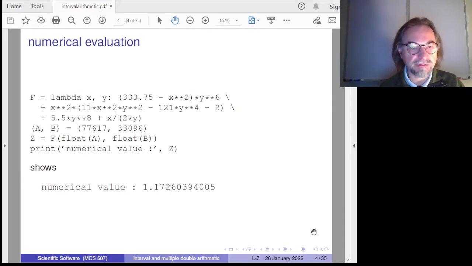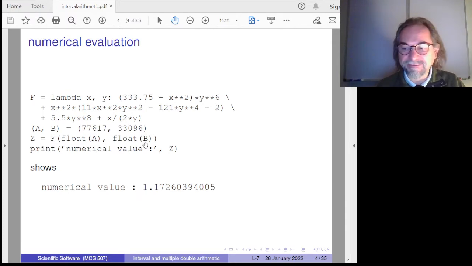Although here I must confess that I forced it to be floating point arithmetic. So naturally, as soon as the numbers become 64-bit floats, then one can hope only to have an approximate computation. So one evaluates numerically.